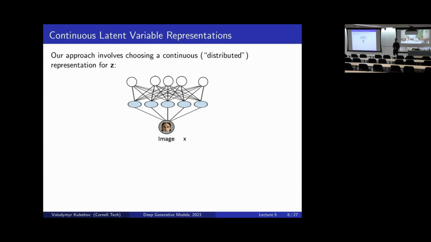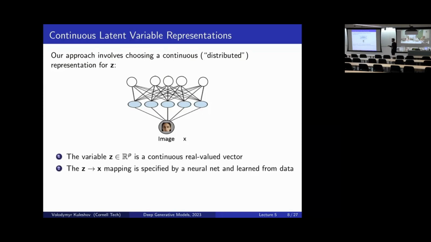And what this means is that we're going to map images into some continuous vector of numbers that doesn't necessarily have any meaning, and then the mapping between z and x is going to be completely learned by the algorithm from data.